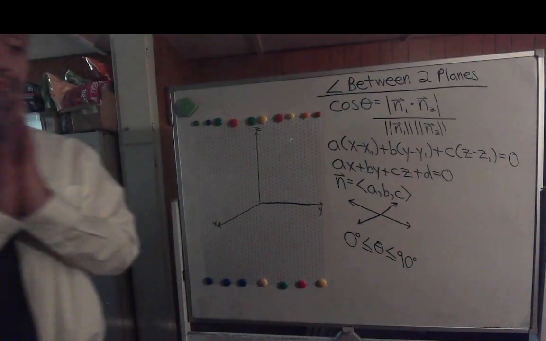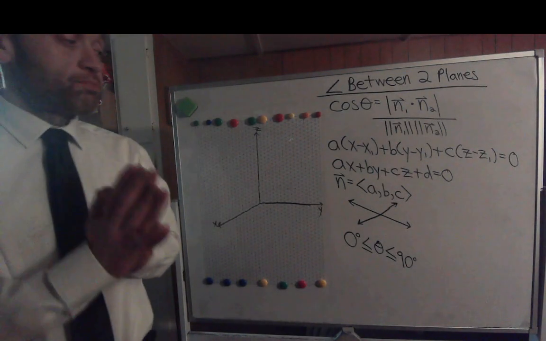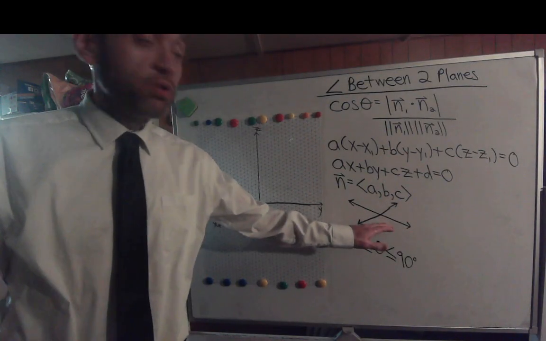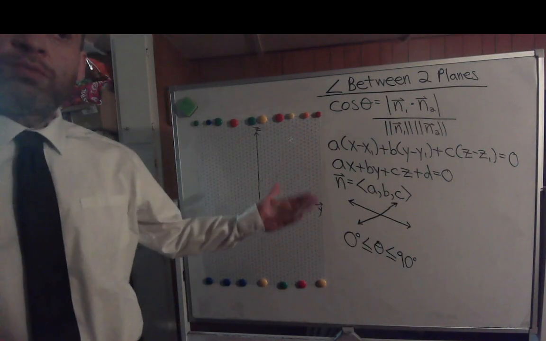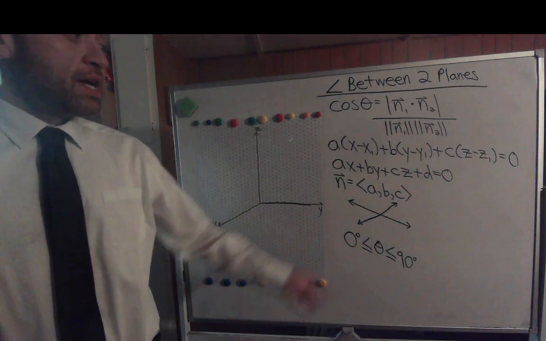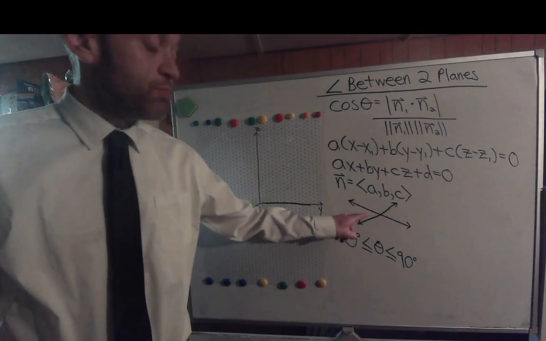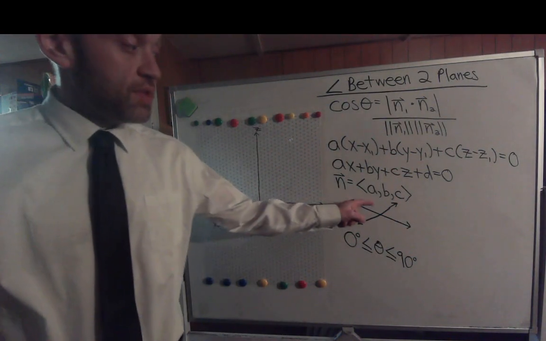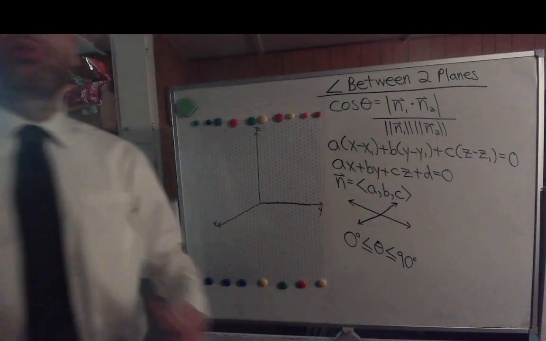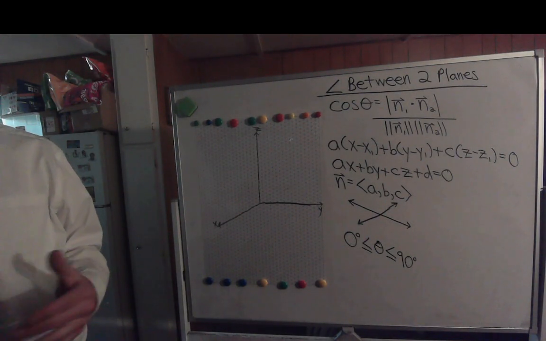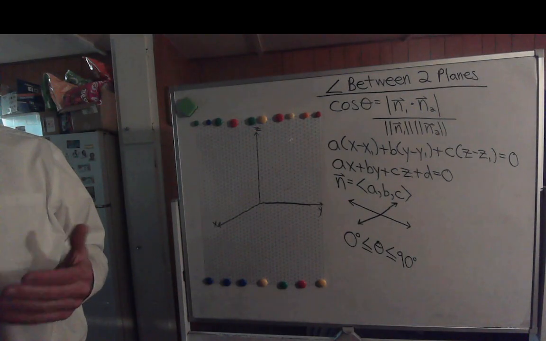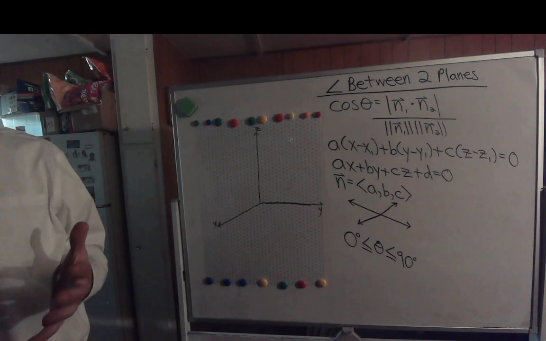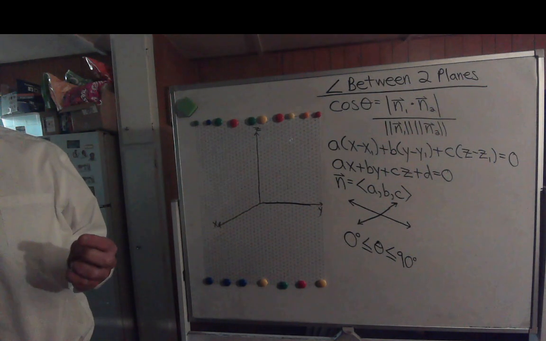Now, let's picture two lines, because two planes intersect much the same way as lines. If you look in these areas, you might see acute angles. They definitely look to be acute. And these would look to be obtuse. Planes intersect the same way. All we're interested in is the smaller angle, the smallest angle between the planes.